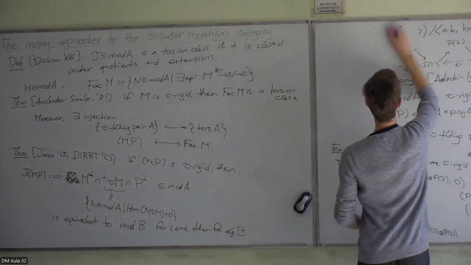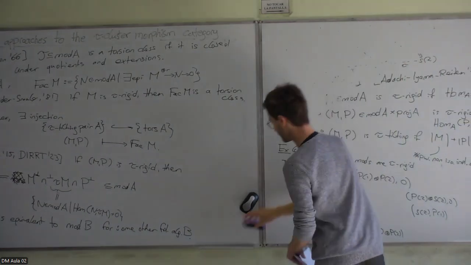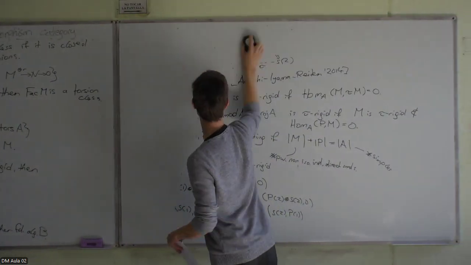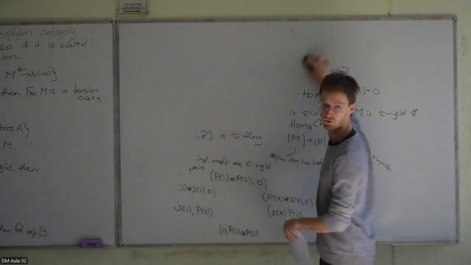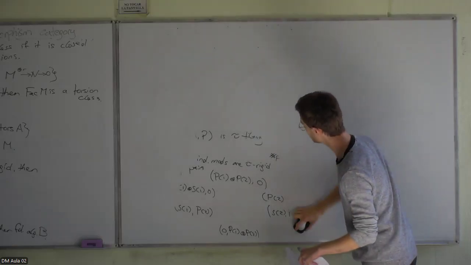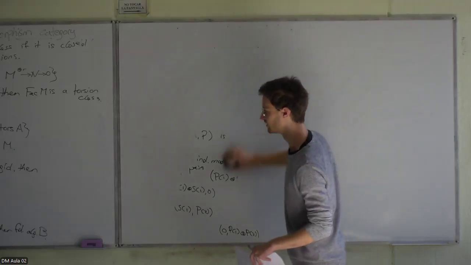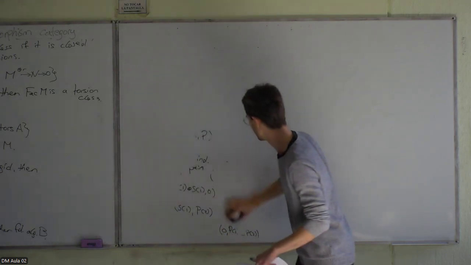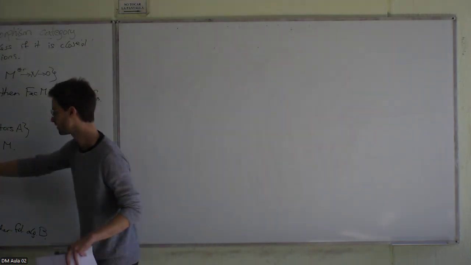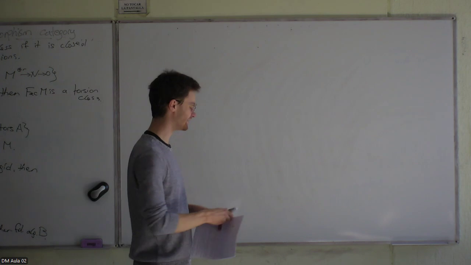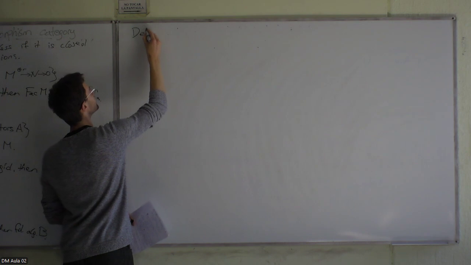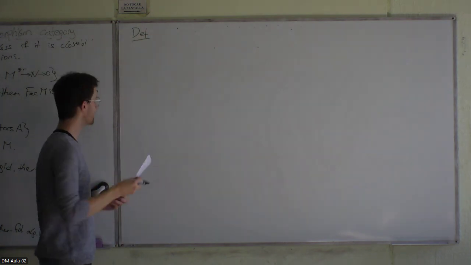So we want to study these wide subcategories, right? Study these other module categories inside of mod A, and this is exactly what the tau-cluster morphism category does. I will define that now, but I can already say in words that basically its objects are exactly these subcategories, and the morphisms are exactly such tau-rigid pairs that go between these, that help you find them. So this definition is due to a few people.